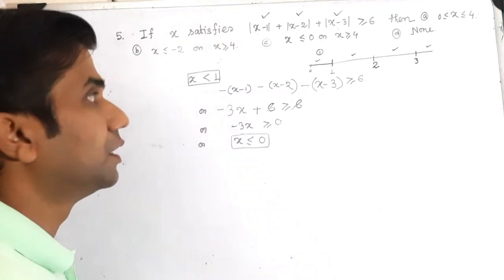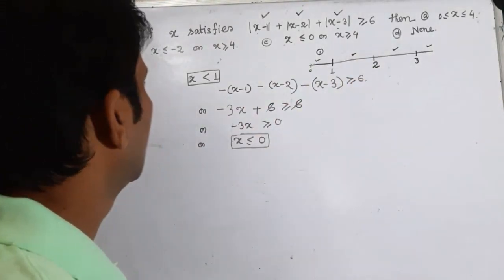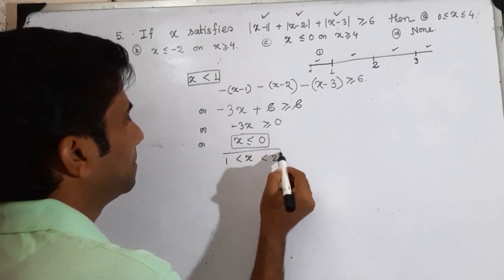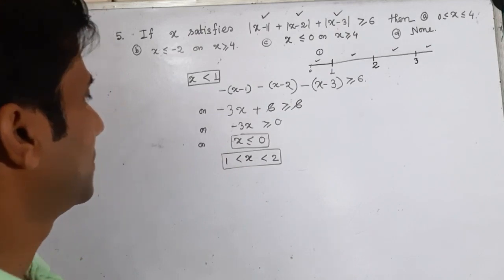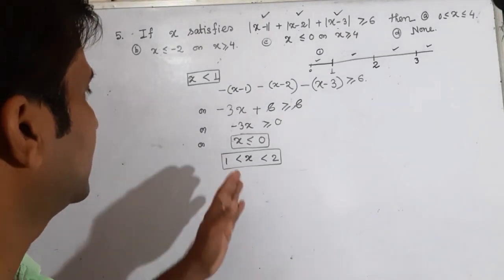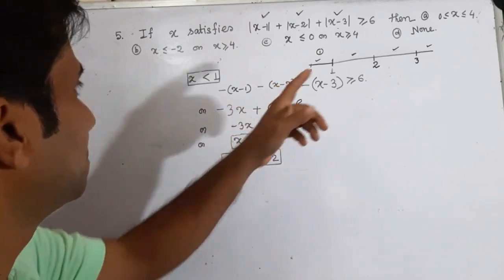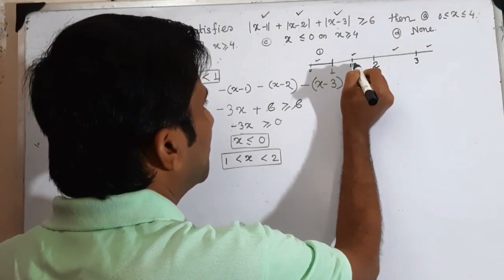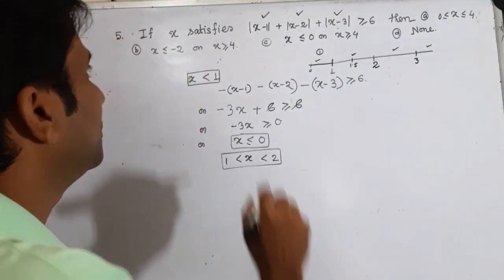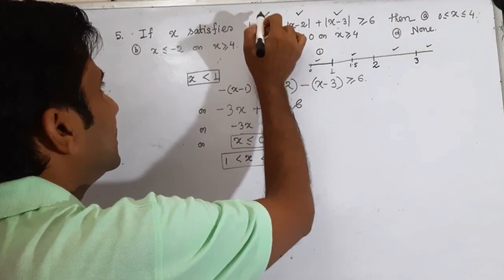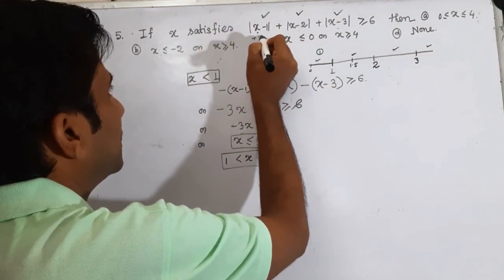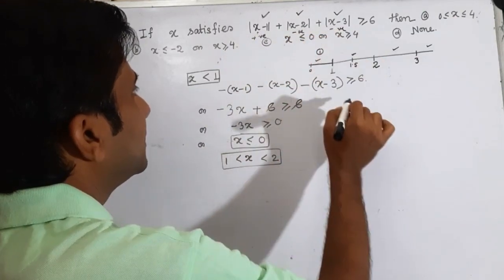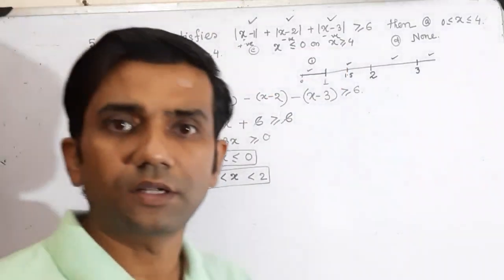Case 2, where x lies between 1 and 2. When x lies between 1 and 2, you take a value 1.5. Then if you take 1.5 here, this is positive, this is negative, this is negative. Do you understand what I want to say?